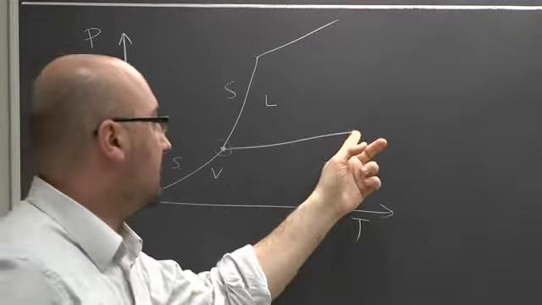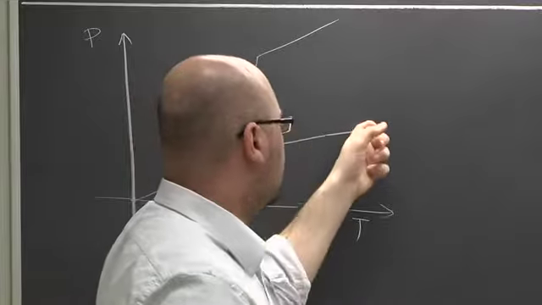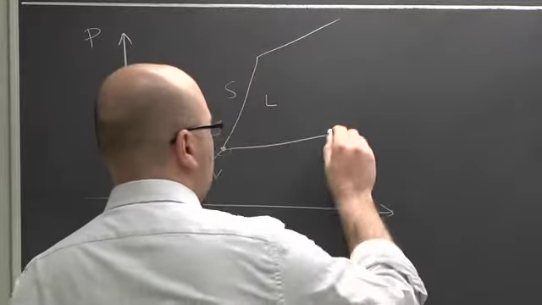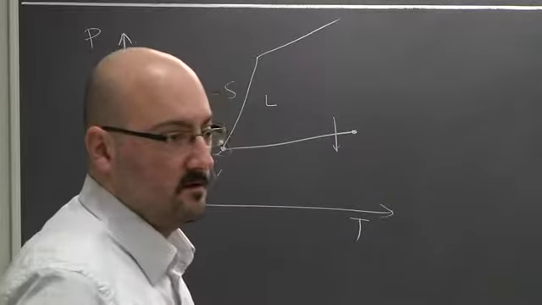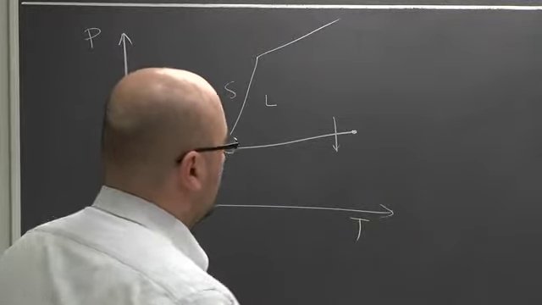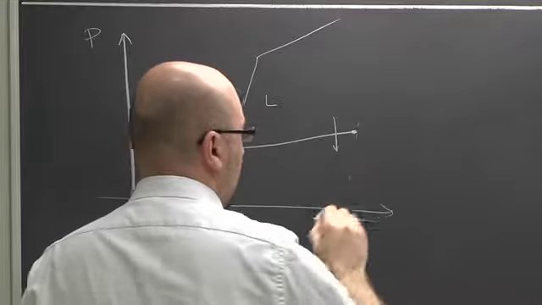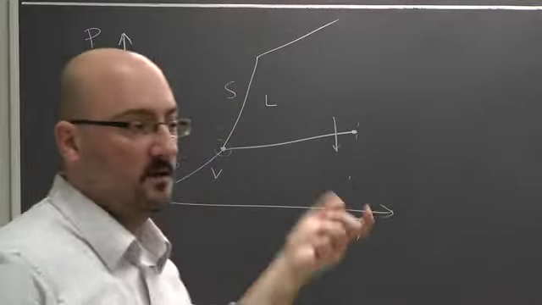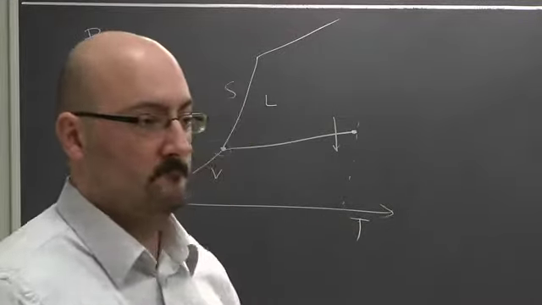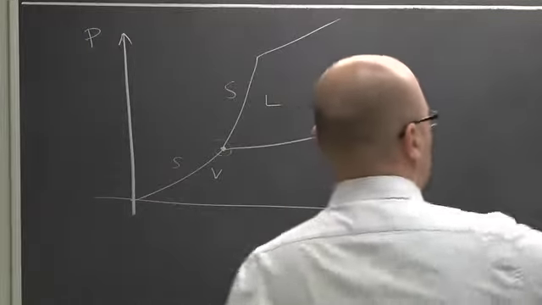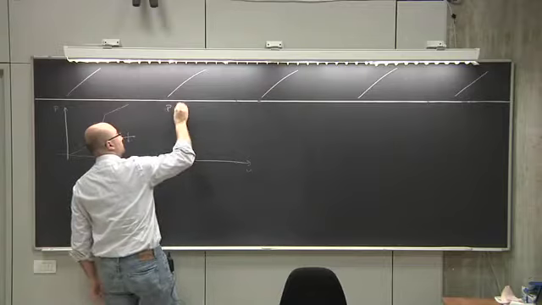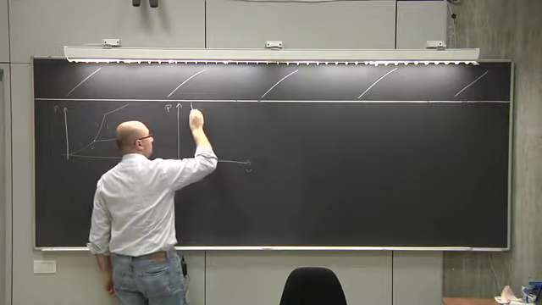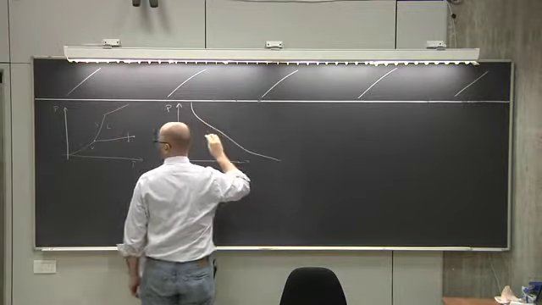And this critical point here is different, because if you make a transition in this direction below the critical temperature, then you see a discontinuous change.